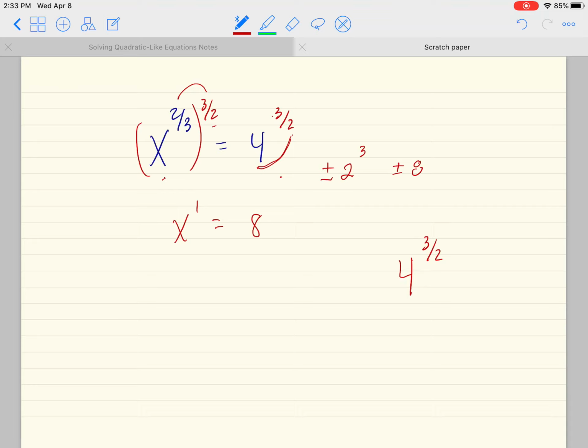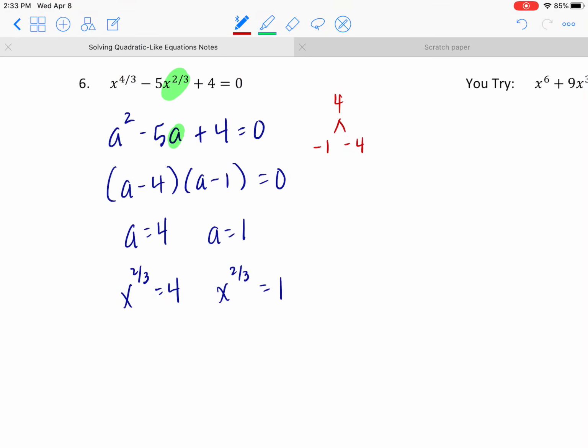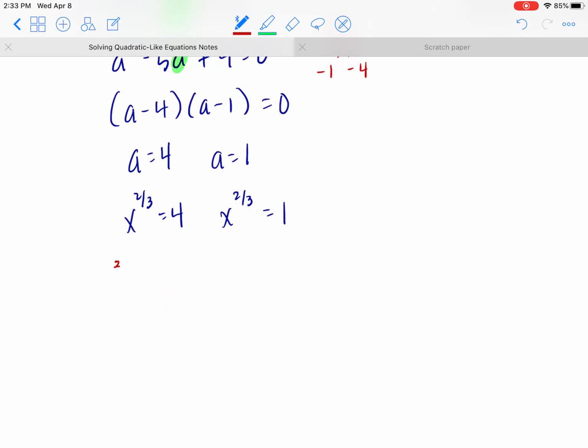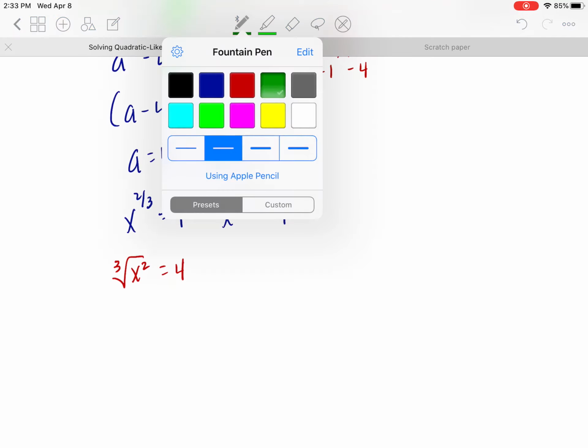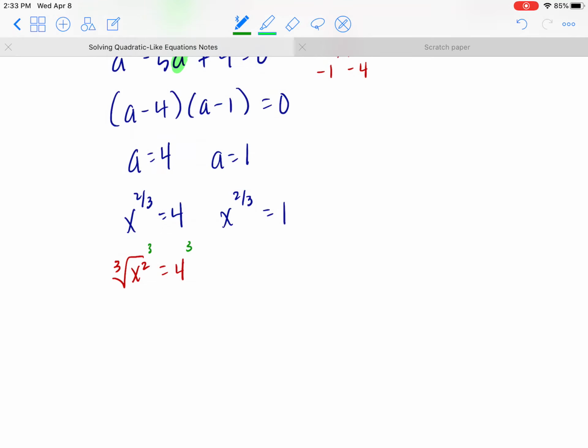I just think it's easier to lose the plus or minus in the process here. Normally when we square root a number, if I was just evaluating 4 to the 3/2, I wouldn't put the plus or minus in here. But remember, we're solving, and when we take the square root in the solving process, that plus or minus has to go in, okay? So I'll do both here, again, so you can see the variety.